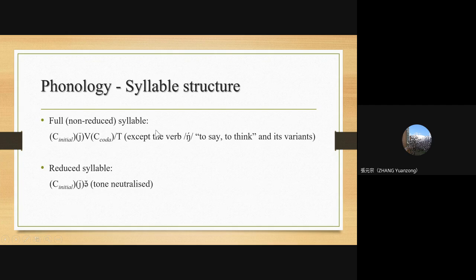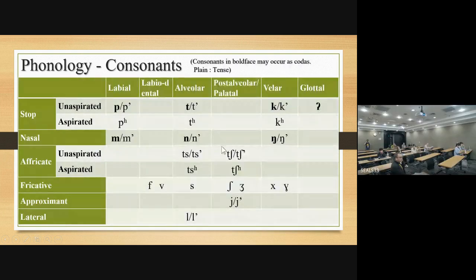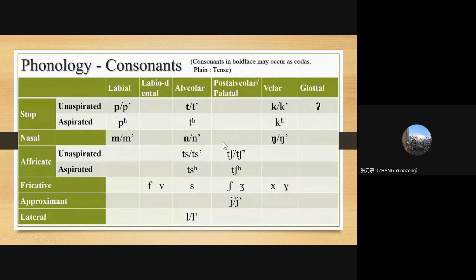The main point we're going to discuss today is the non-reduced syllables that may have a vowel nucleus and initial, and one possible glide, and a coda and tone. So here are the consonants.